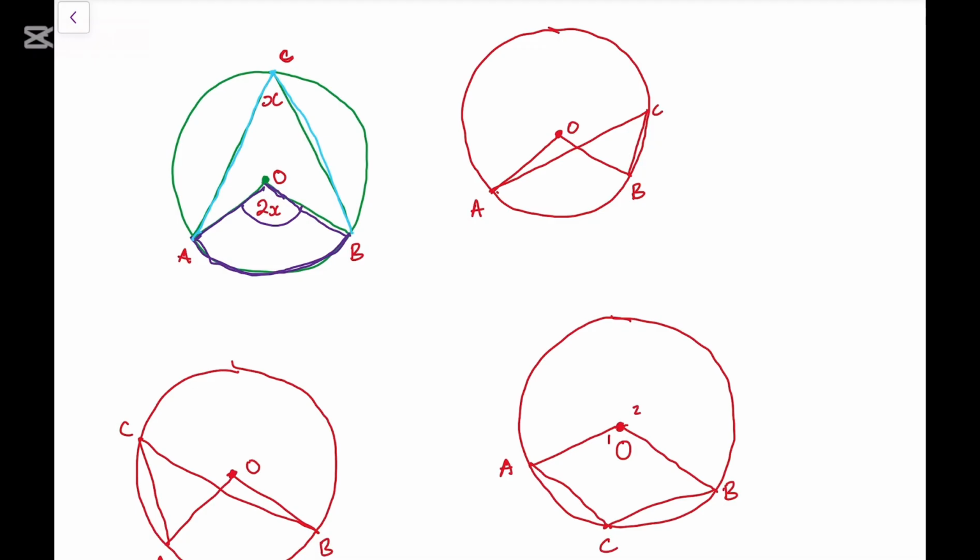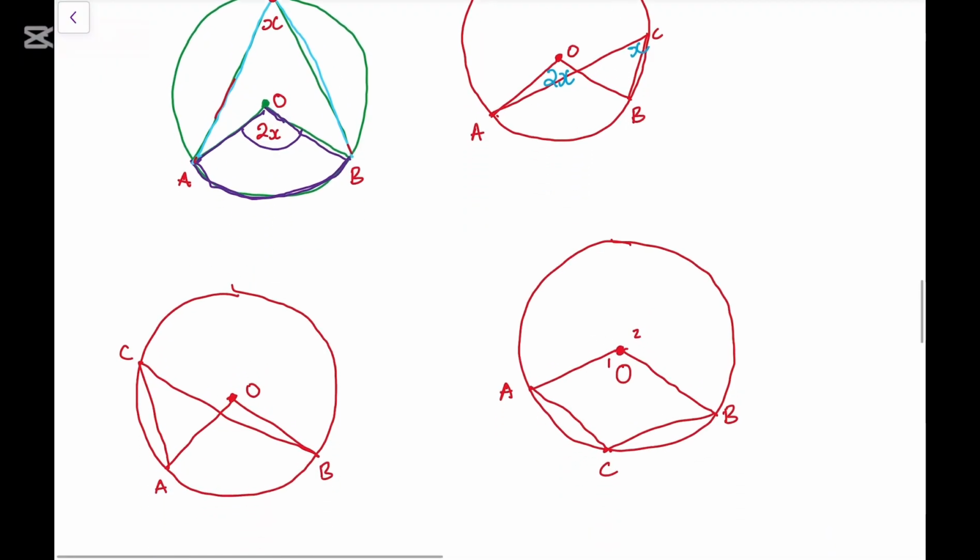Now, remember, the theorem is not saying the angle will always be subtended above. Can you see point C is above point O? It can be subtended anywhere on the circumference.